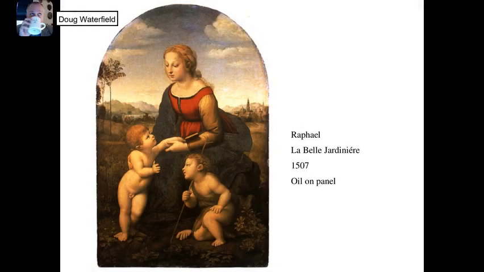Here's another, La Belle Jardinière. Again, it's a scene of the Madonna, and we have baby John the Baptist on the right and baby Jesus on the left. The scene's very calm, very pastoral, nothing to worry about here. The Madonna and the two boys form a pyramidal composition.